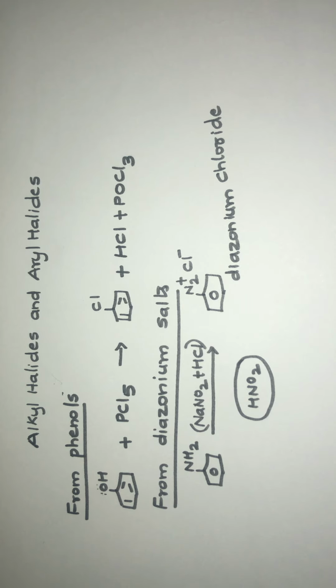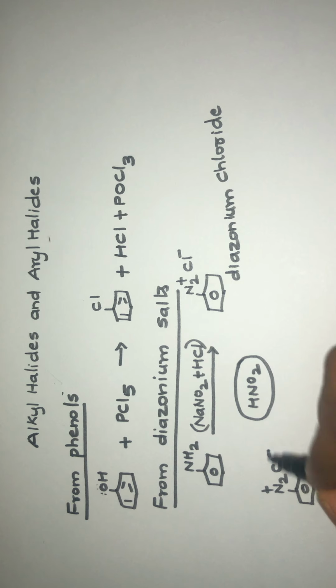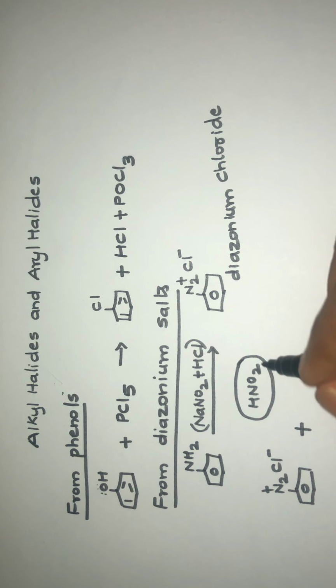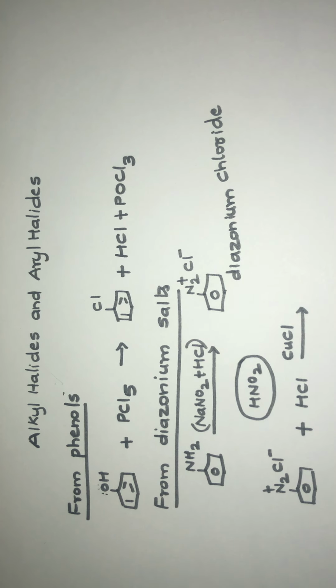Now let us see what is generally done. The diazonium salt, produced by the diazotization of aniline, is treated with HCl in the presence of the copper salt, CuCl. Cl- displaces N2.